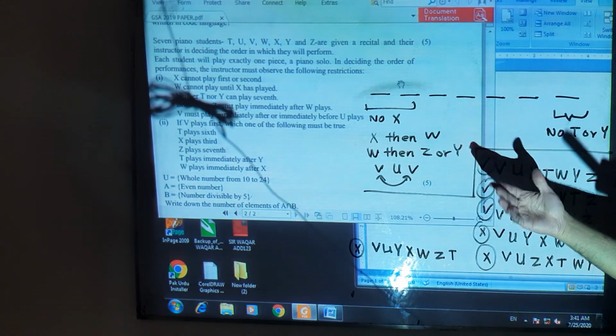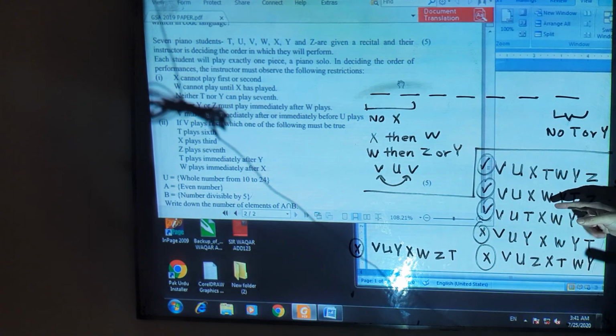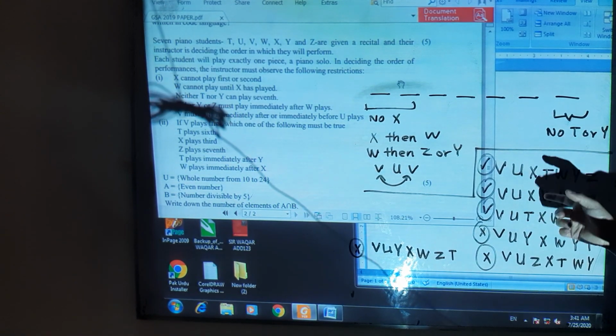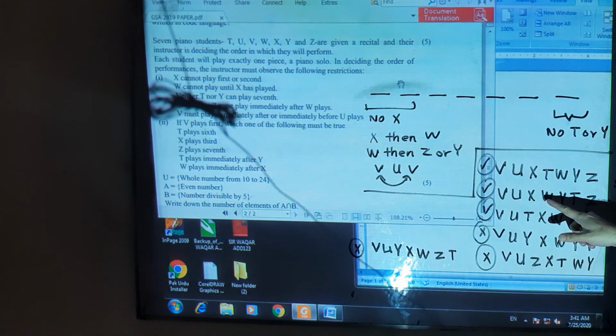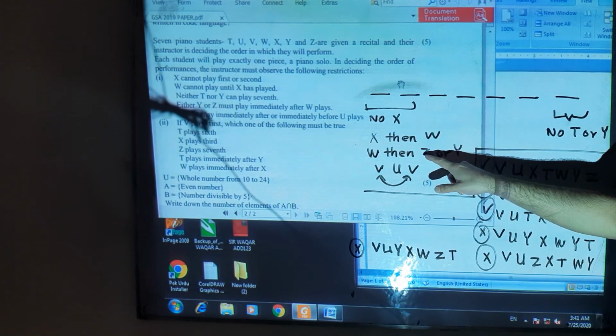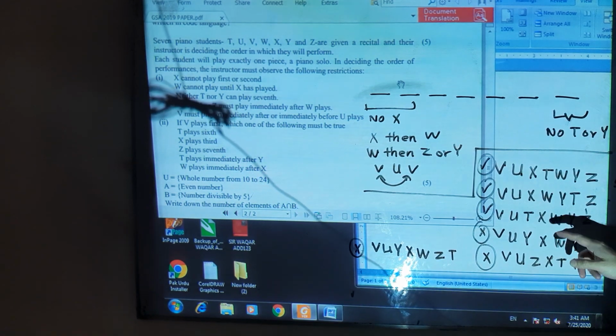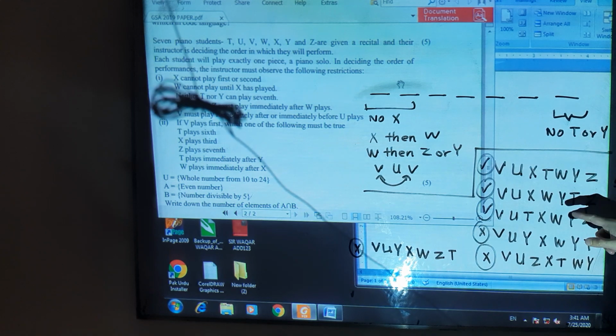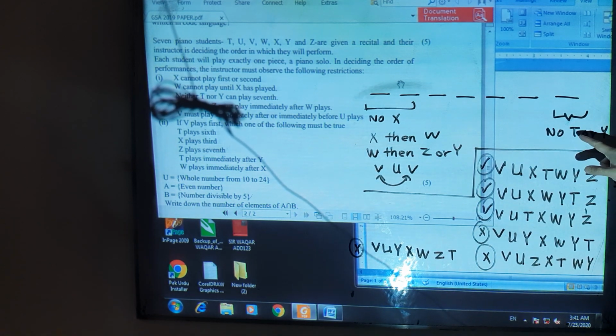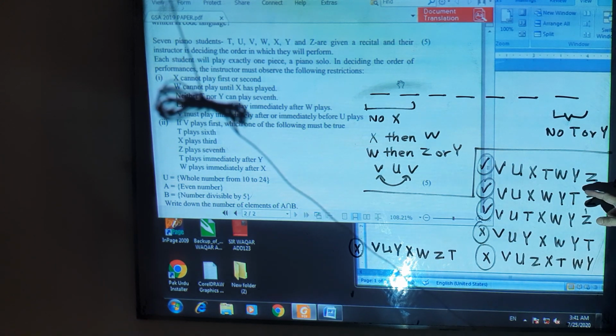After X you can have W. Here W should come after X, not immediately after X but after X. So if it is immediately after X, then W should be followed by Y or Z, any one of them. So W is followed by Y. Then why is T over here? Why not Z? Because at 7th I cannot place T or Y. At 7th I have no option. I have to place T over here and then Z.